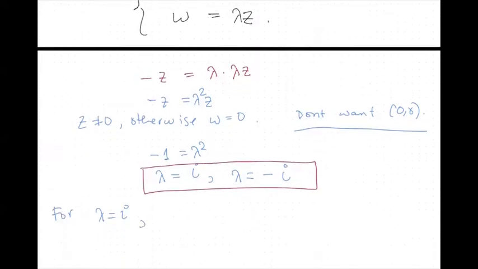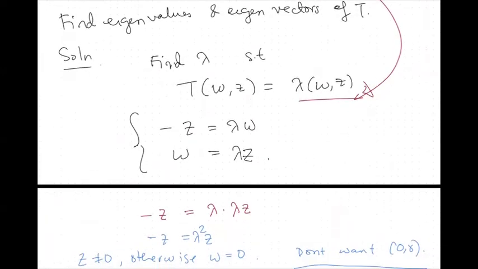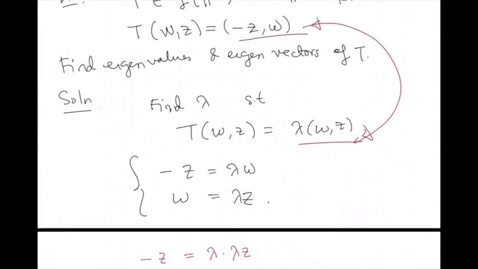For lambda equal to i, we get the vector of the form (w, negative wi), as we have in here.